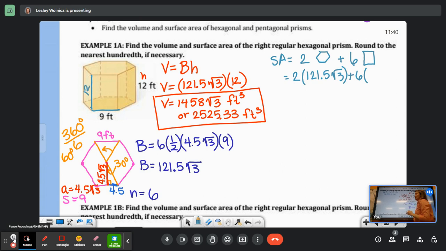So it'll be 9 by 12 rectangles, and the 2 there, so wouldn't you have to add them? Did I mess up? No. Okay, is everybody happy with that? We can just put that whole thing in the calculator.